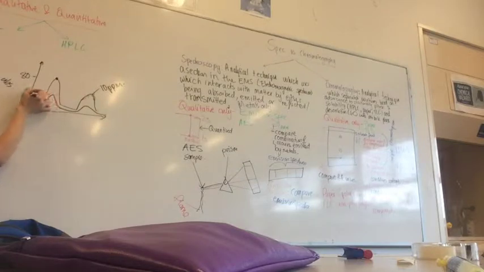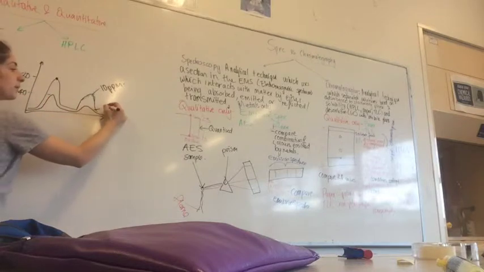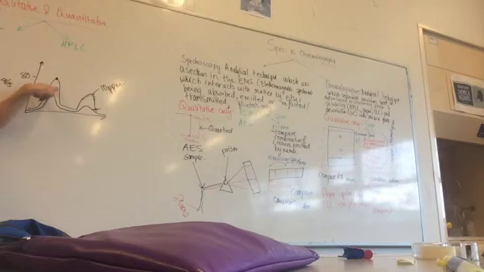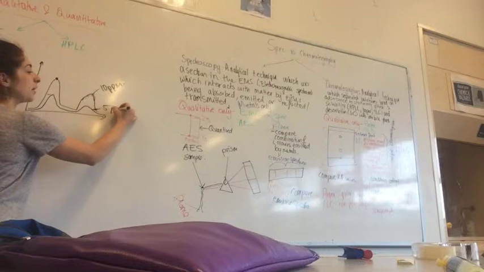Sorry, what's this for, miss? I'm trying to explain how you get the calibration graph. So let's say that we've got 10 parts per million there, and that's our blue pigment. It absorbs here and here, and it has an absorbance of 80, whatever that is. Then we prepare something which is 5 ppm.